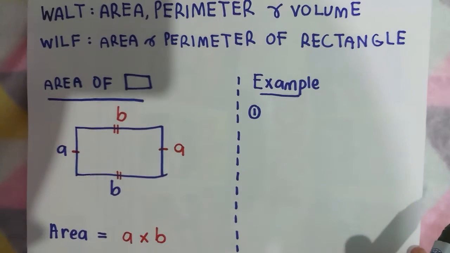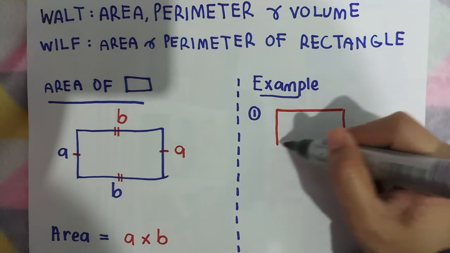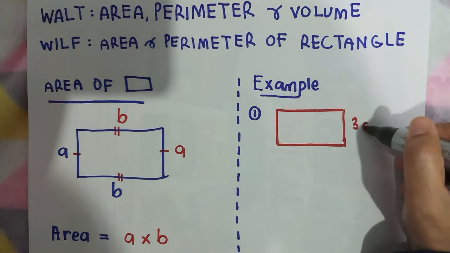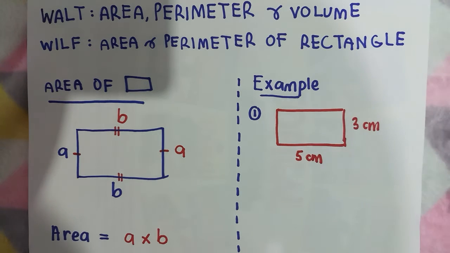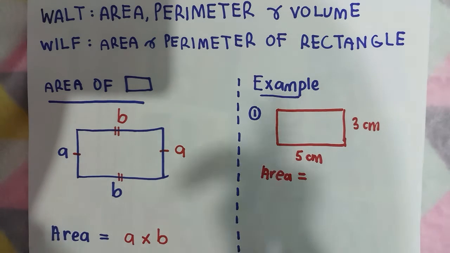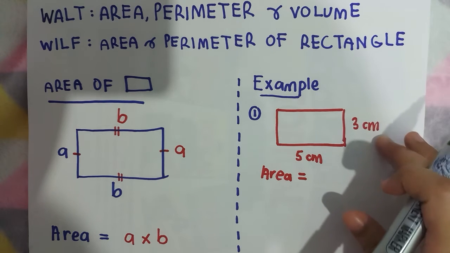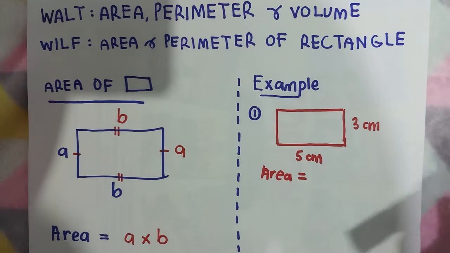For example, if I have one rectangle here, let's say I label this side as 3 cm and this side as 5 cm. If the question asks for the area, make sure you remember the formula, A times B, because the formula will not be given to you in the exam.